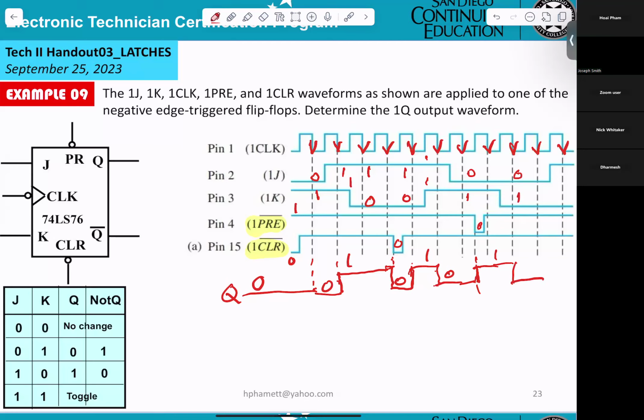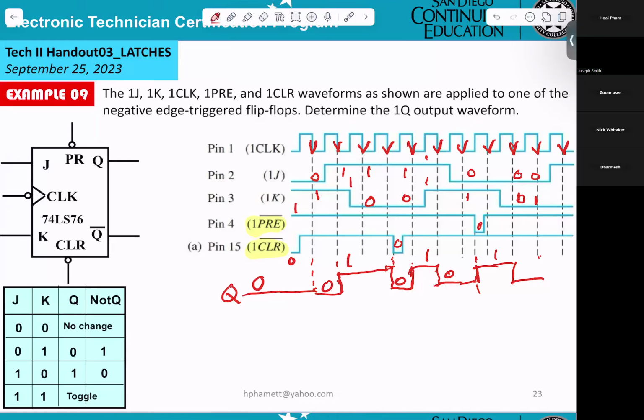Go to the next clock, where J is 0 and K is 0. 0, 0 means no change.